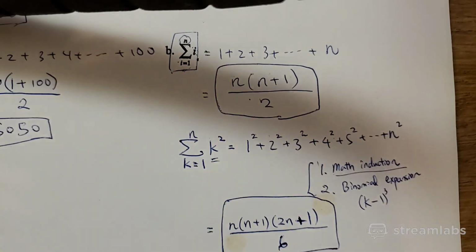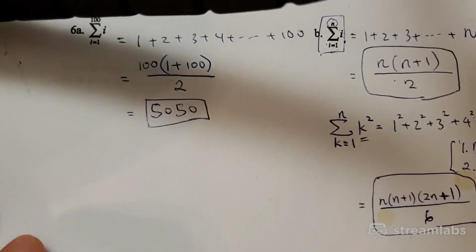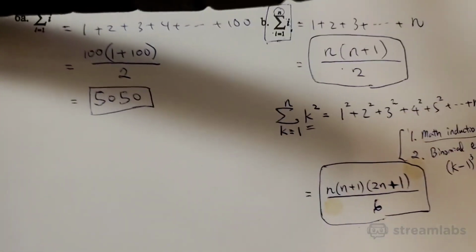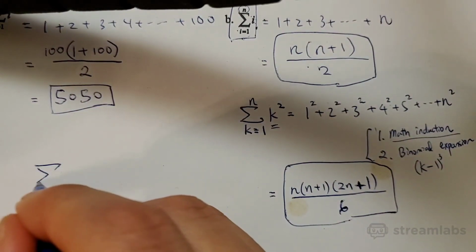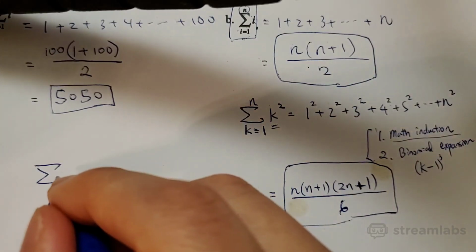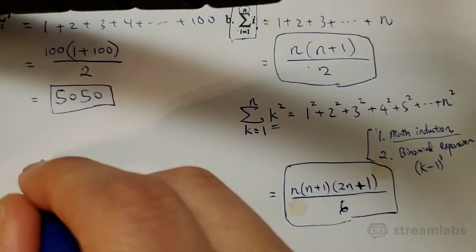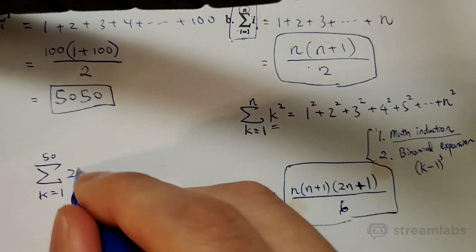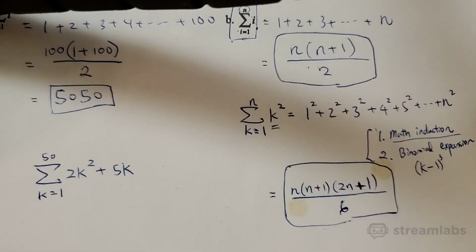So, let us use some ways to do this. So for example, oops, let me put it over here. If I want to find sigma, let's just say k equals 1 to 50, of 2k squared plus 5k, okay?